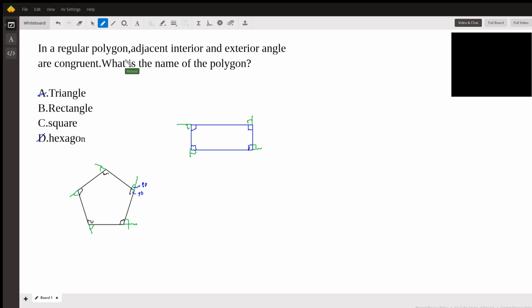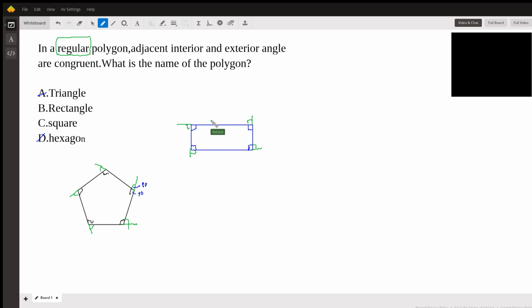However, the rectangle isn't going to work because of this condition. It has to be a regular polygon. Now, a regular polygon is a polygon whose sides and angles are all congruent. And that's not true for a rectangle because the sides are not congruent. You can see that the length and width are not congruent.